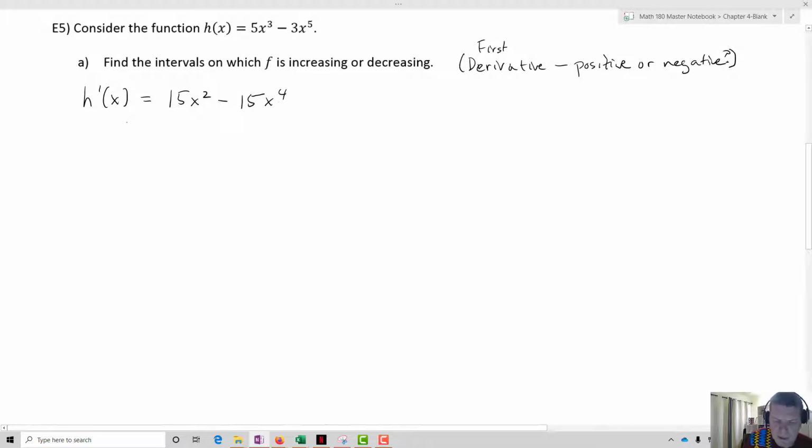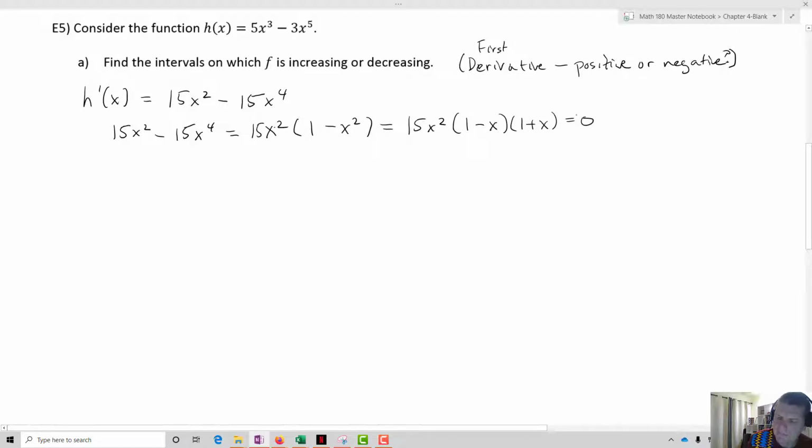Then we'll set that equal to 0 and do some factoring. This equals 15x squared times 1 minus x squared, which is 15x squared times 1 minus x times 1 plus x, set equal to 0.